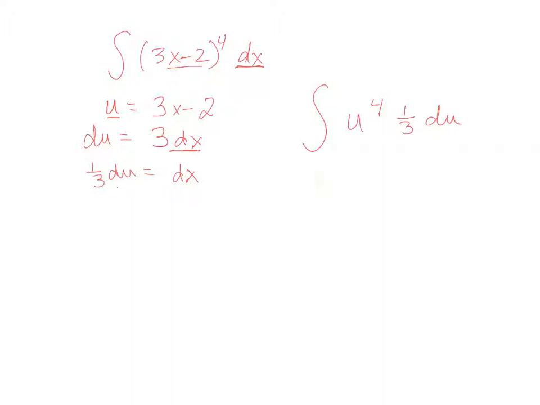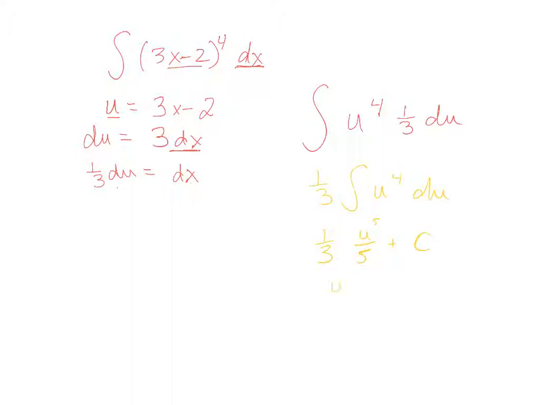So I'm going to bring that 1/3 out in front, as we did before, because I'm not actually taking the antiderivative of the 1/3. That is a coefficient that is just going to follow us down. The antiderivative of u to the 4th, well, again, we add 1 to the exponent, divide that term by the new exponent, and add our plus c.